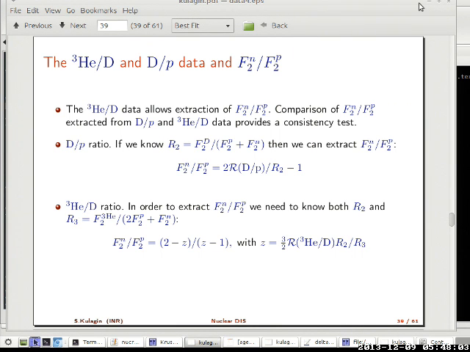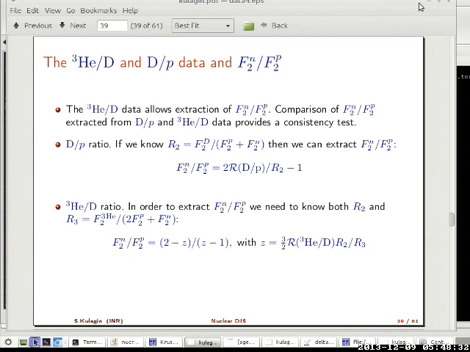From previous measurements from NMC, we know pretty well the ratio D over P. D over P is also known from the E665 experiment. Then the question is, do we have any handle to check if these measurements are compatible and consistent with each other?